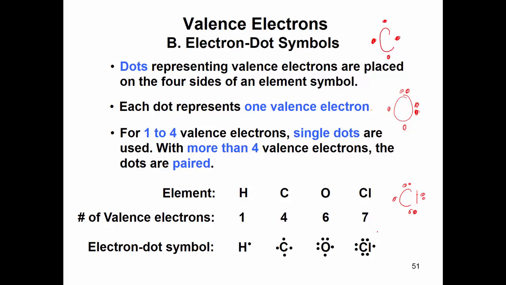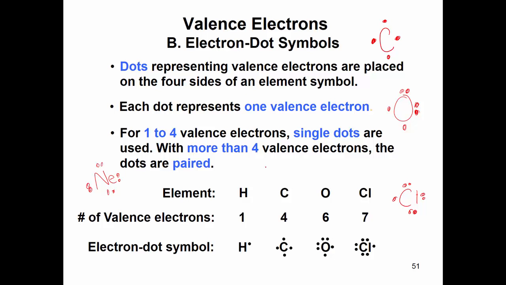It wants to bond in a way that it gains 1 electron to make it stable. Because if you look at a noble gas, something like neon, it has 8 valence electrons. So if you draw all the way in, 2, 4, 6, 8, it's full. It has a full octet, all of its orbitals are full.